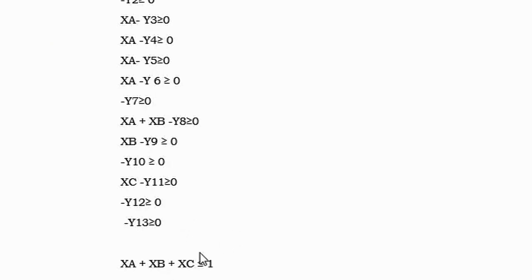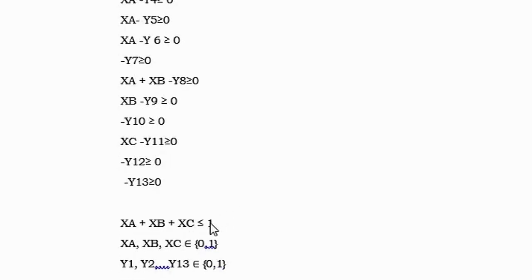Then we have the constraint that says the number of facilities should be limited to P. Here we're putting P equal to 1, and then we have the binary variables X sub A, X sub B, X sub C, and Y sub 1 up to Y sub 13.